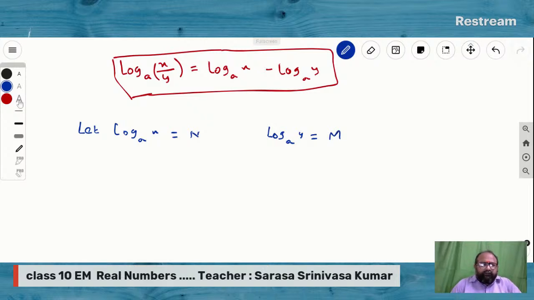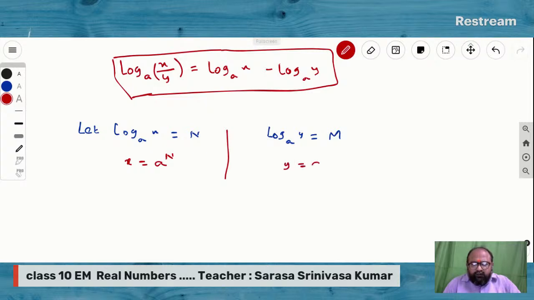So from this, by the definition of logarithm, this can be written as x equal to a power n, and from this, by the definition of logarithm, we can write y equal to a power m.